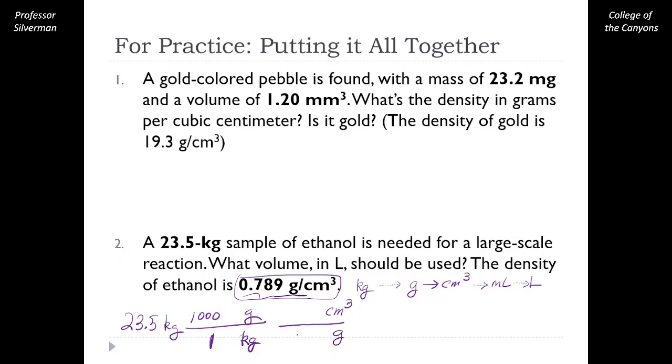This is our density right up here: 0.789 grams for every 1 cubic centimeter. To go from centimeters cubed to milliliters, this is a 1-to-1 ratio. That's a good one to memorize.